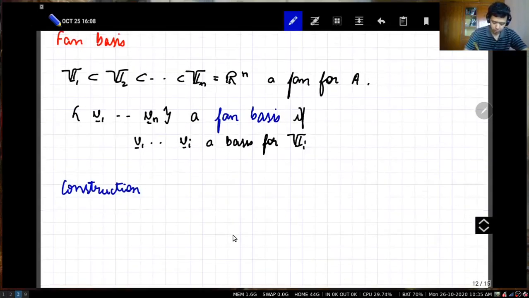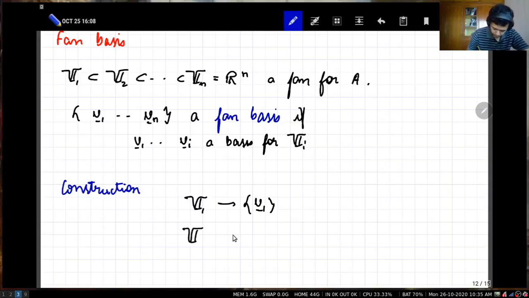And how do we do that? So let's start with V1. So pick any vector in V1, right? So that forms the fan basis for V1. For V2, we want to find a basis for V2. So we have V1, which is anyway in V2.